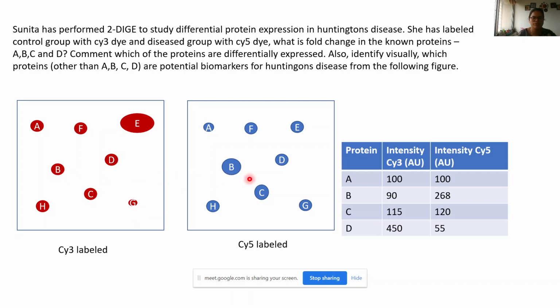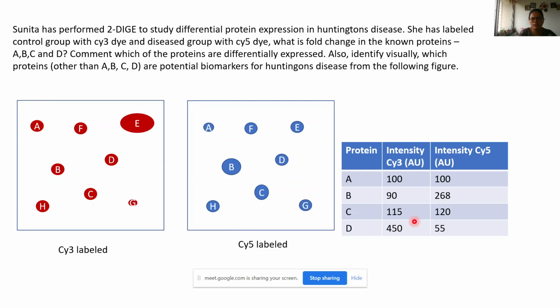Ankit has written D is downregulated and B is upregulated. Divya has also written G as upregulated. Yes, correct. G is upregulated. B is also upregulated.